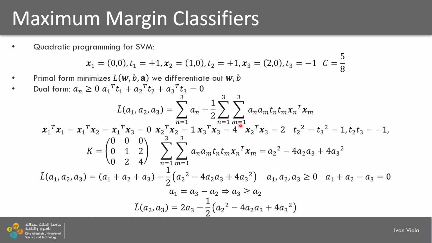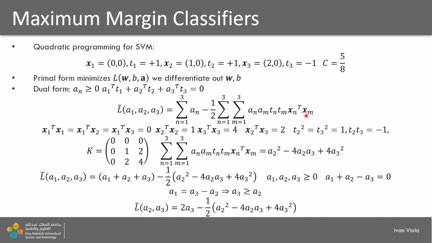So this is the sum over an minus the double sum of an, am, tn, and tm, and then we have the kernel, which is here in this case a linear kernel.